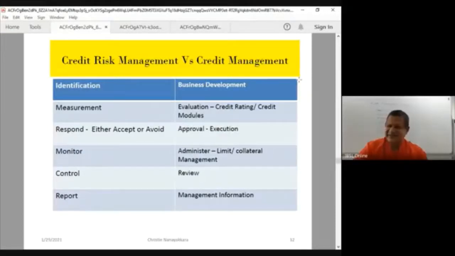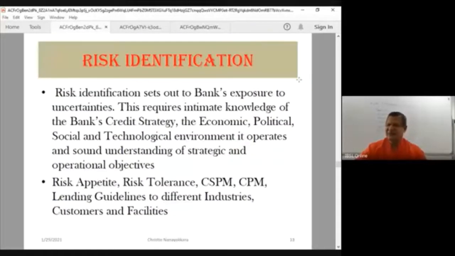Approval is your response. Your monitoring is where your credit administration unit will do limit inputs, collateral, execution, all that. Then controls are your reviews. Then reporting is your management information. So we'll take this process and go one by one.